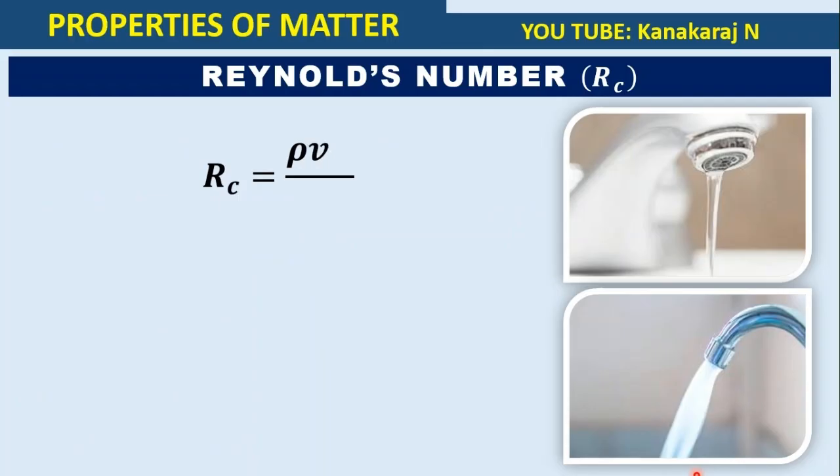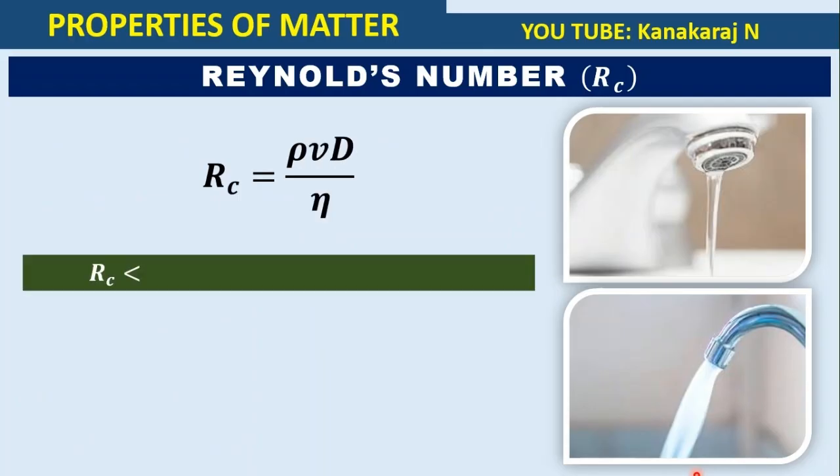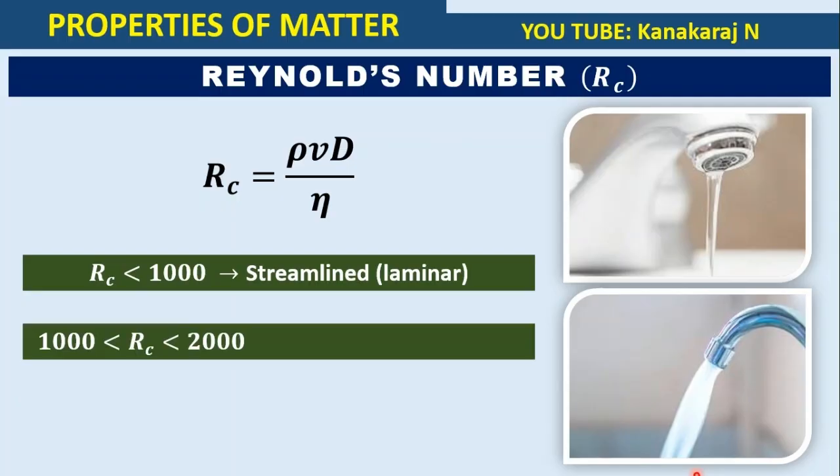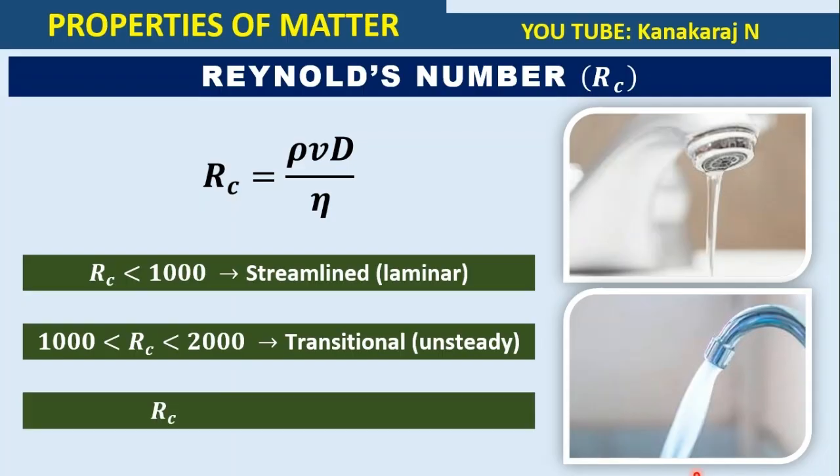When Rc is less than 1000, the flow is streamlined laminar. When Rc is between 1000 and 2000, the flow is transitional, unsteady. When Rc is greater than 2000, the flow is turbulent.